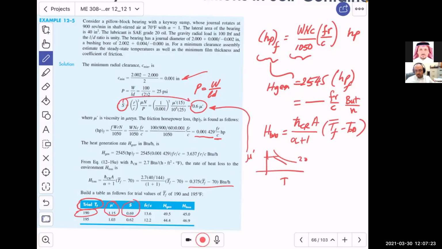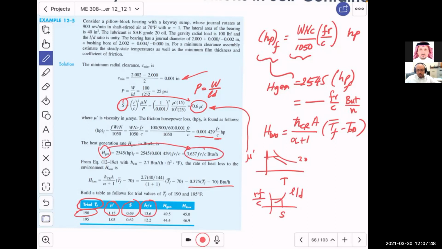The S characteristic number can be used, knowing L over D, to find what? RF over C, which is right there. There you go. We got that. Now, when you get RF over C, you can get the generated heat, correct?